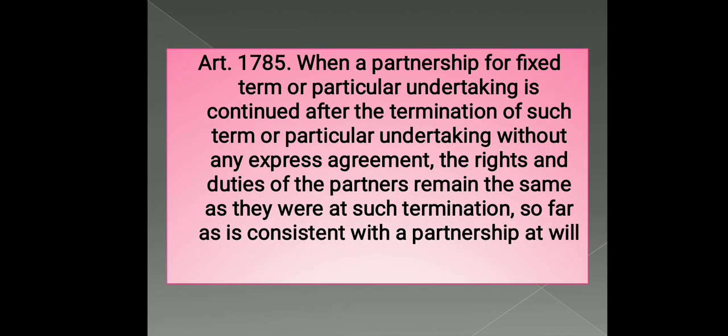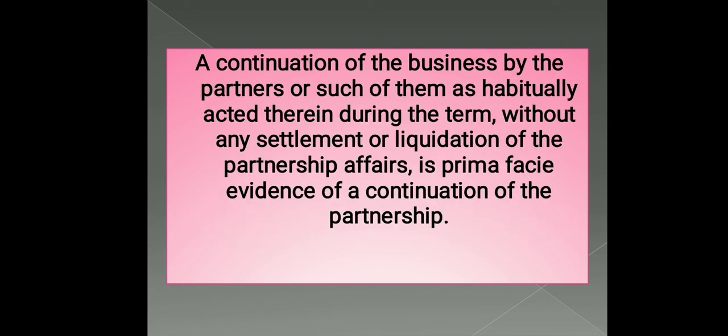So, Article 1785. When a partnership for a fixed term or particular undertaking is continued after the termination of such term or particular undertaking without any express agreement, the rights and duties of the partners remain the same as they were at such termination, so far as is consistent with the partnership at will.